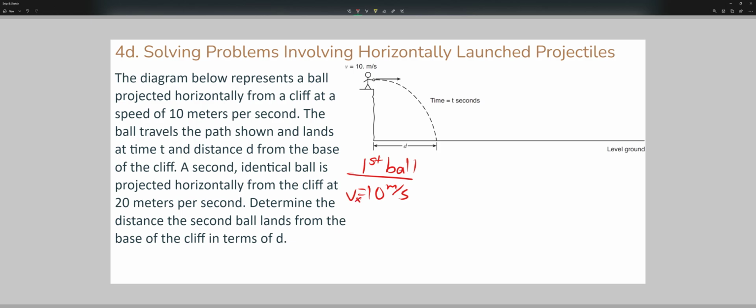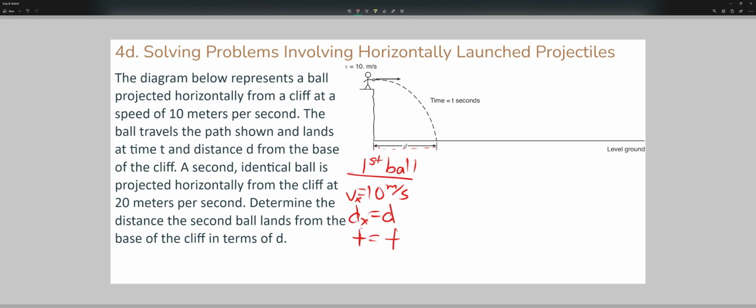It lands a certain distance, and we're going to call that dx is d. Now t, you're given your time.